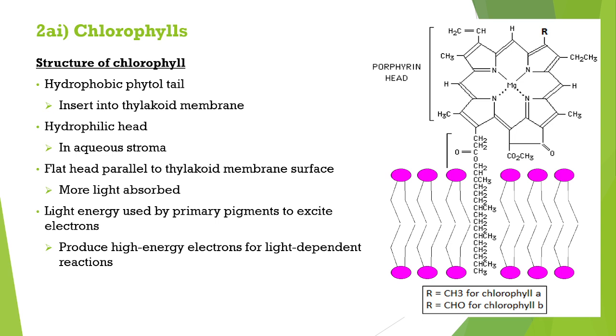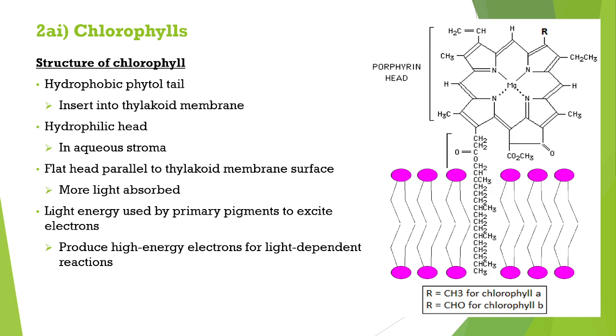Just as we mentioned, especially for the primary pigment, the chlorophyll A, the light energy once absorbed, or transferred to it, will be used to excite electrons. So there are going to be electrons associated with the magnesium ion in the center. These electrons will be excited with the light energy that is received by the chlorophyll A molecules. Once excited, the electrons become high energy.